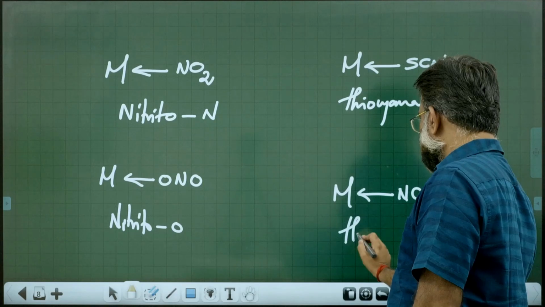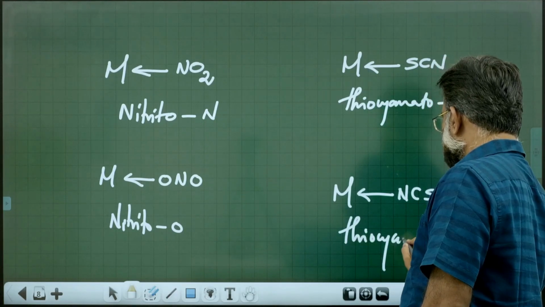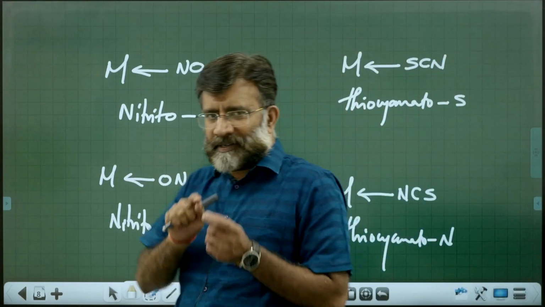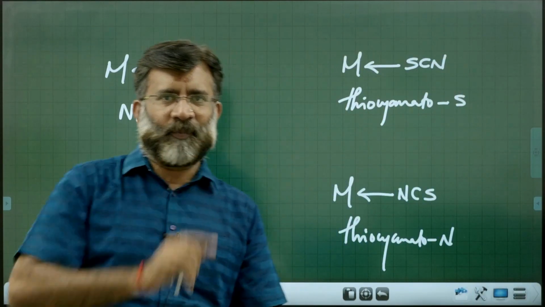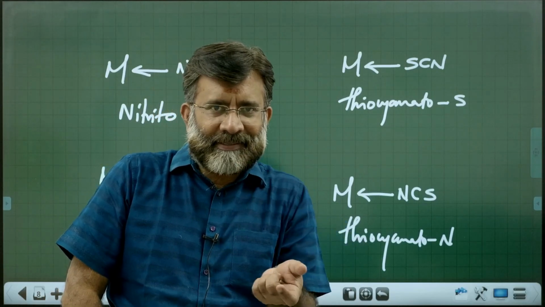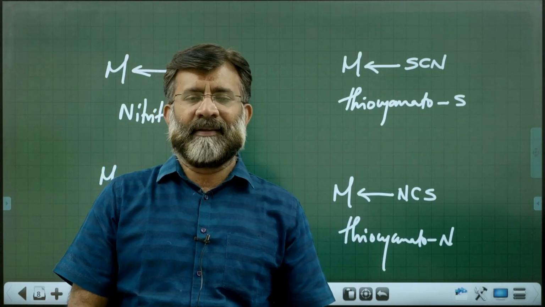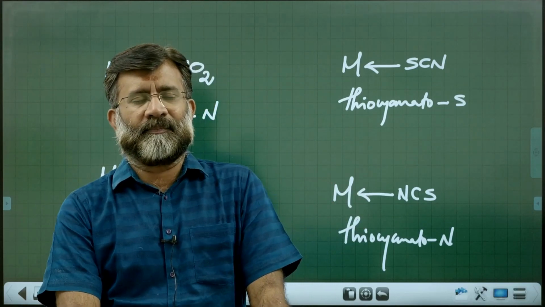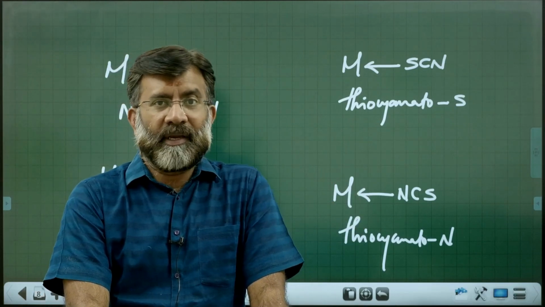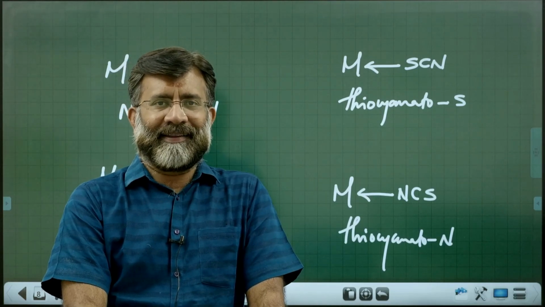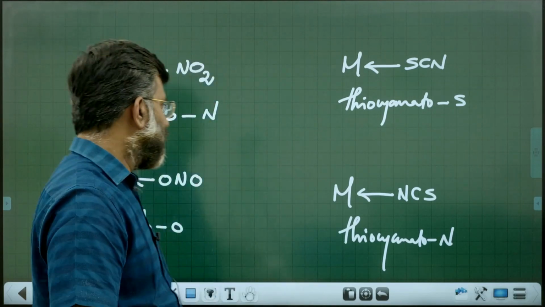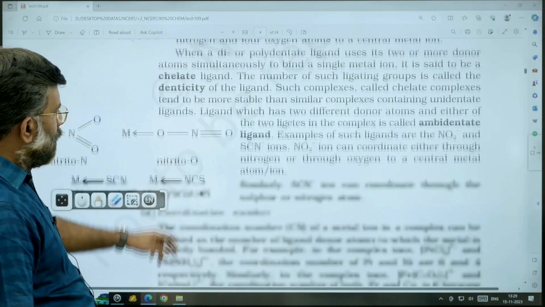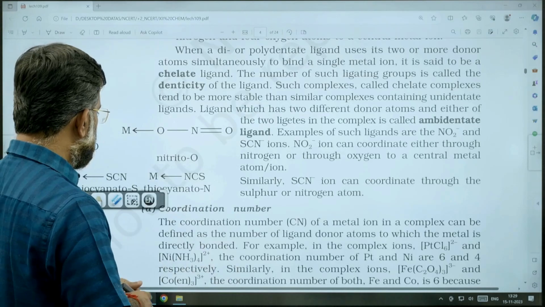This we call thiocyanate-N. So nitrito-N, nitrito-O, thiocyanate-S, thiocyanate-N, depending on who is getting bound to the central atom. This is called the ambidentate ligand. Okay. So that is about the nature of the ligand.